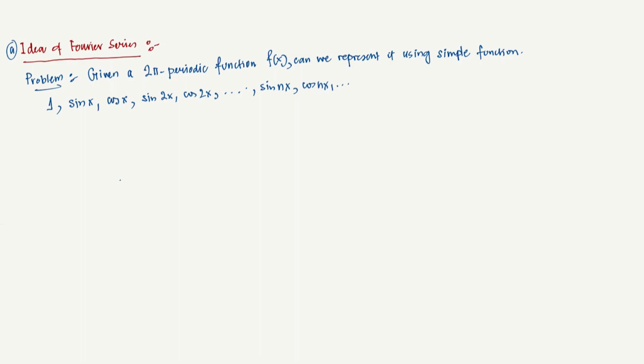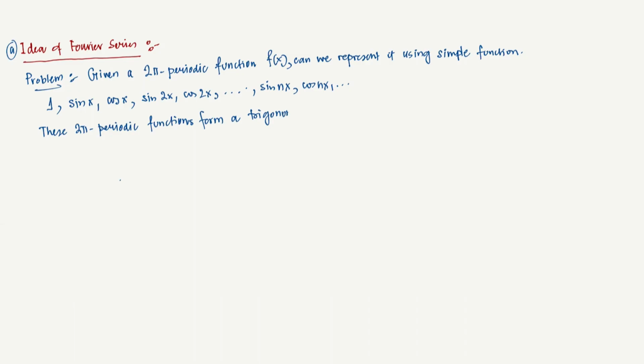Now the thing is, this bunch of functions, you do realize they are all 2 pi periodic functions, and this is just a nomenclature. We will call that a trigonometric system.